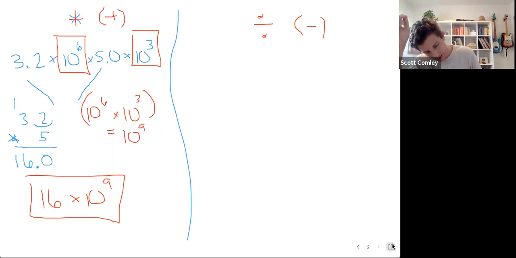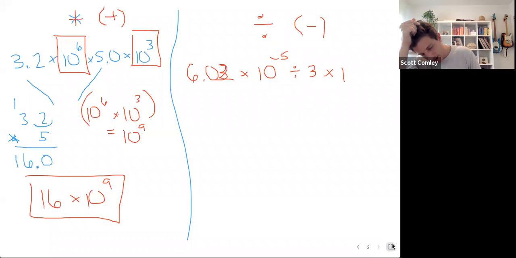Last one, division. Let's do Avogadro's number, 6.02 times 10 to the negative 5th, divided by 3 times 10 to the negative 2nd.